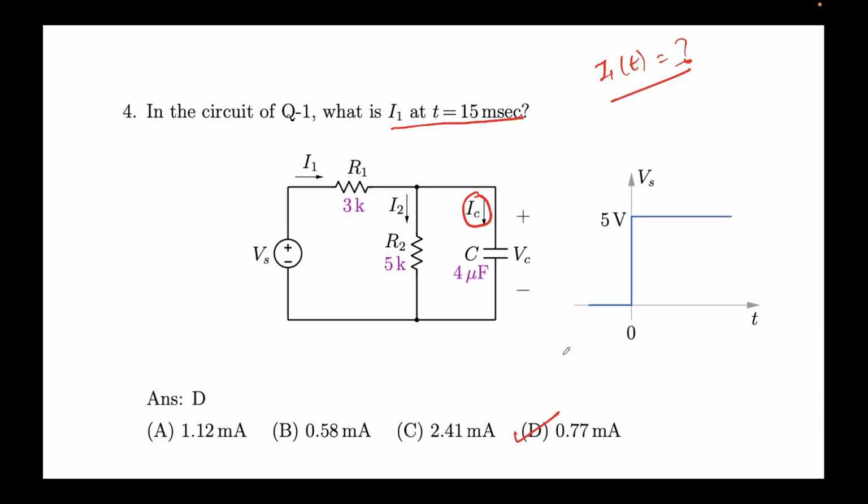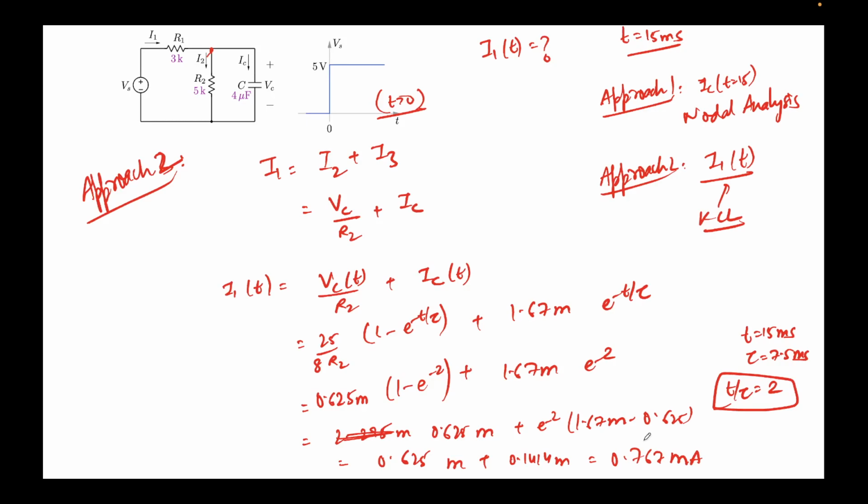So we were required to find I1 at t equal to 15 milliseconds, and we had done that. Just to summarize how we did that: we used the second approach, that is, we applied the KCL at this node, and we already know the expression of VC and IC.